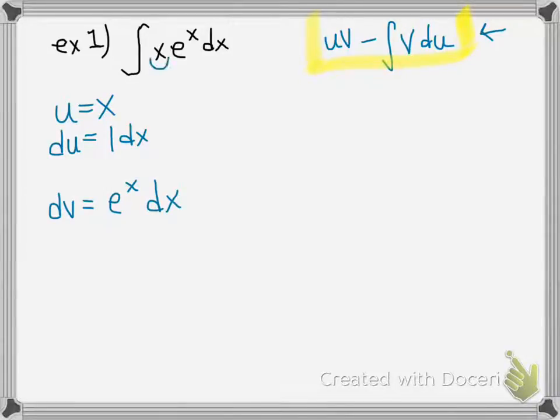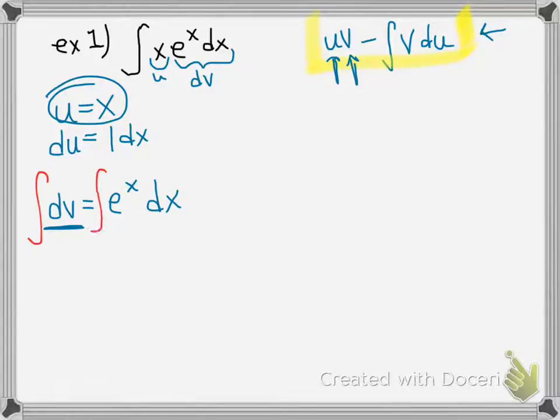So this is u, and this whole part over here is dv. According to our formula, I need u, which I have, and I need v. I do not have v, I have dv, so I will need to integrate. So v equals the integral of e to the x, which is e to the x plus c.